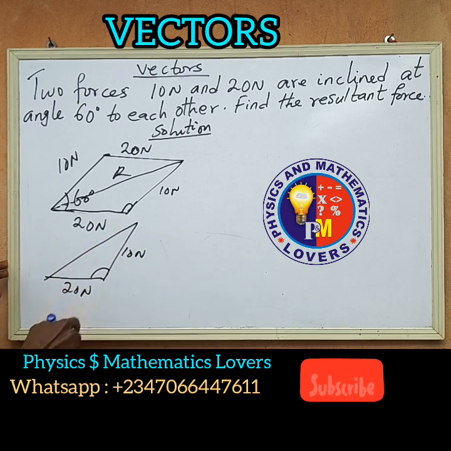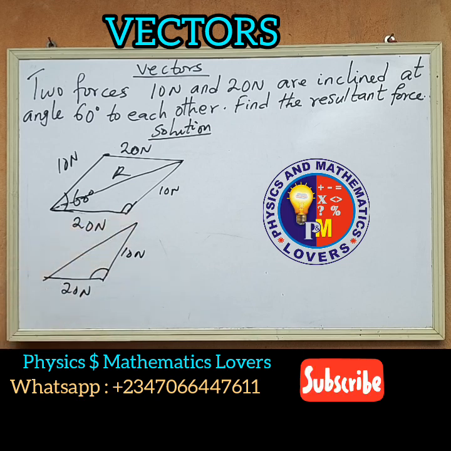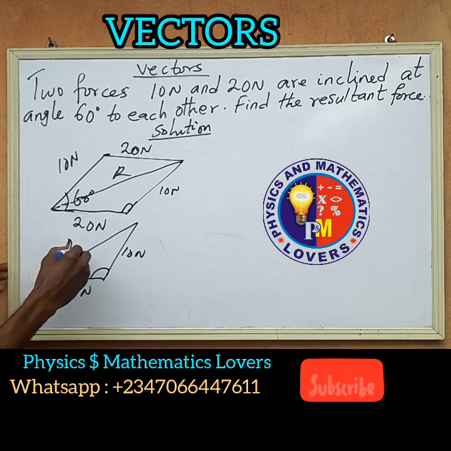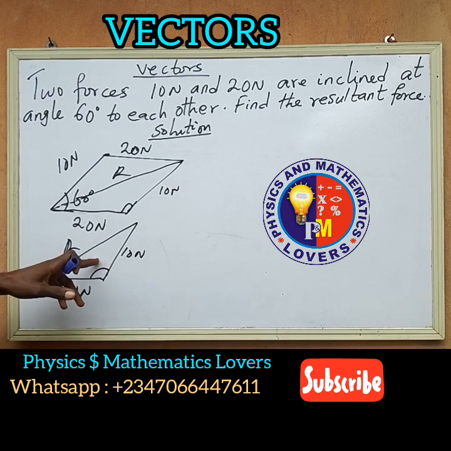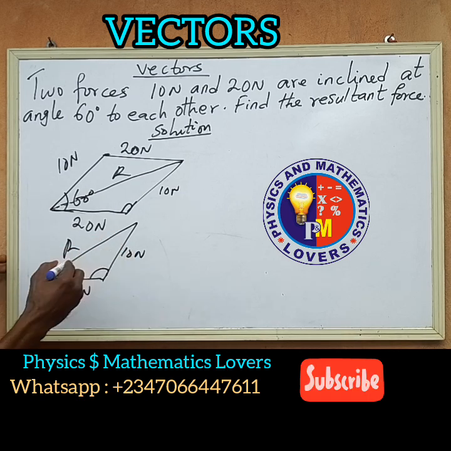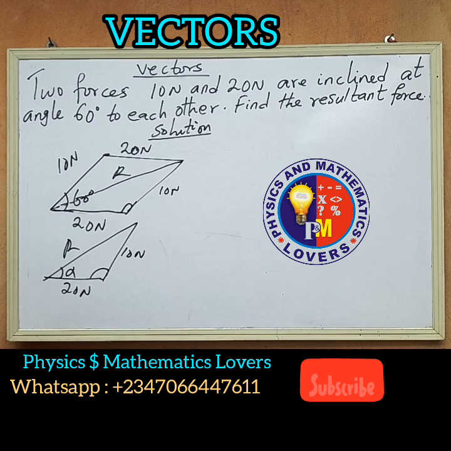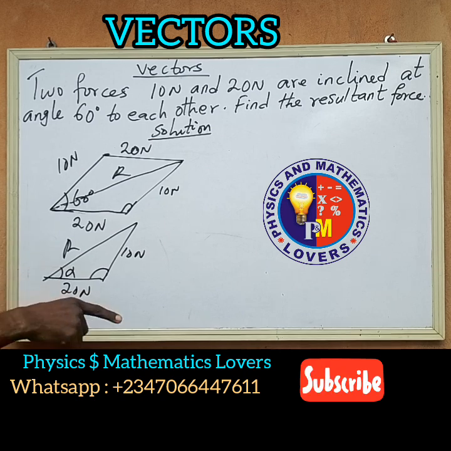I'm not drawing to scale, okay? According to this question, this side is supposed to be longer than this. Now, we need this, and this is your resultant. We need this angle. How do we get this angle? Remember that this angle is no longer 60. Here becomes alpha, that is the direction in which the resultant is acting.